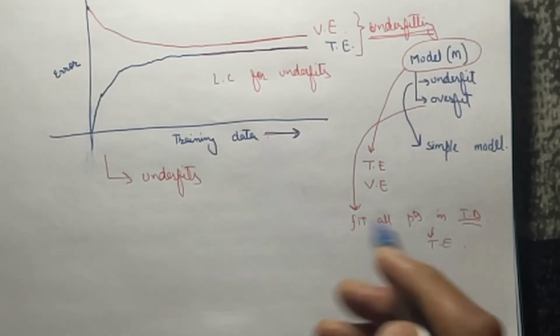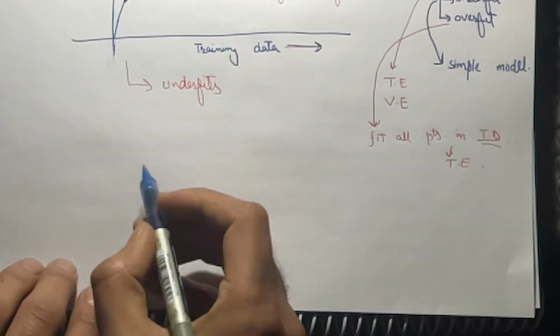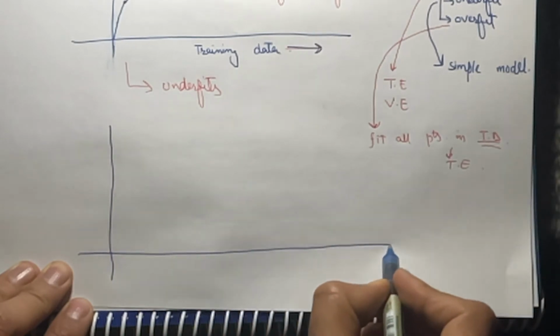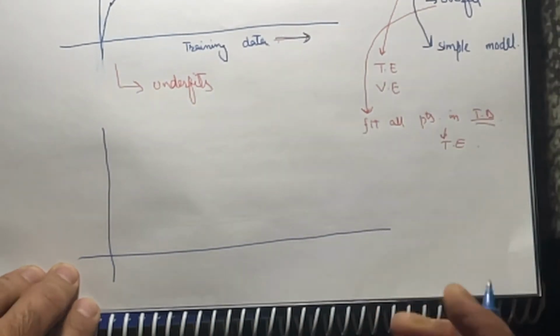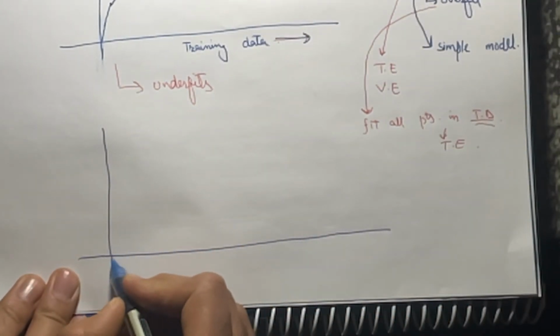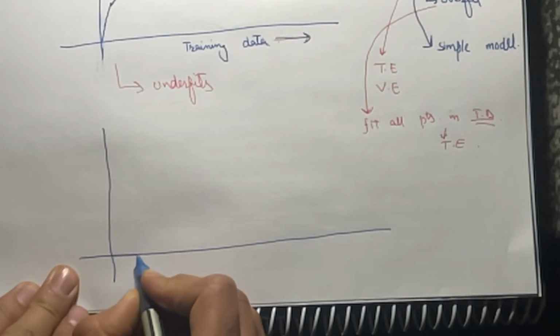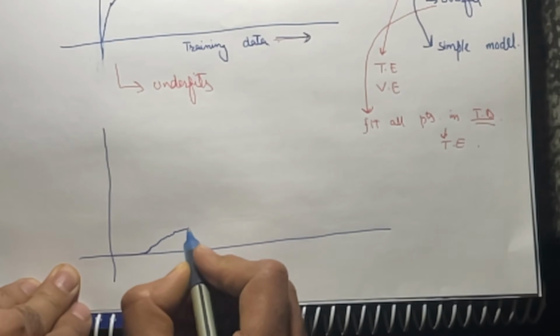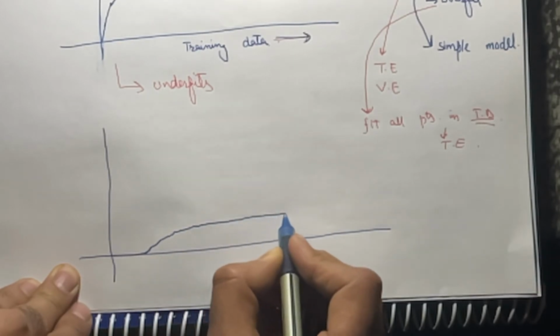So let me make the curve for the model that overfits. In that scenario, the error will remain 0 for most of the time, and it will increase, but the training error will be very, very small.